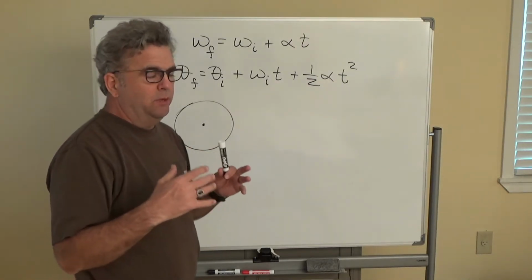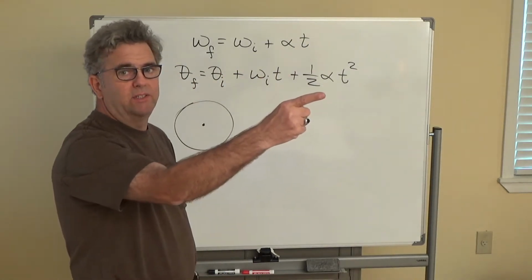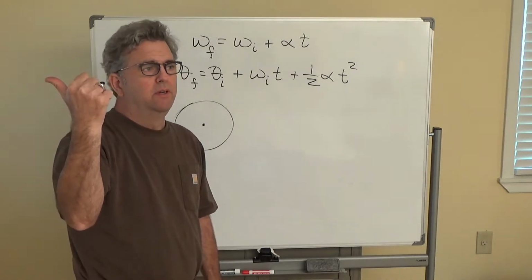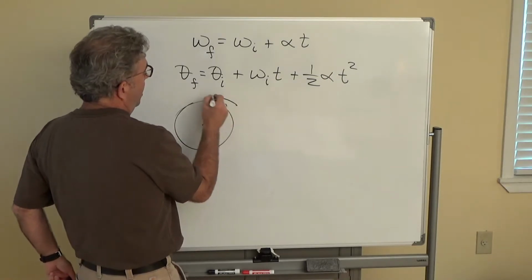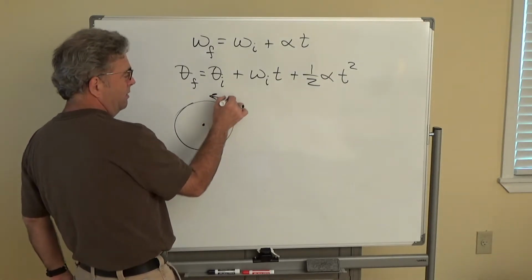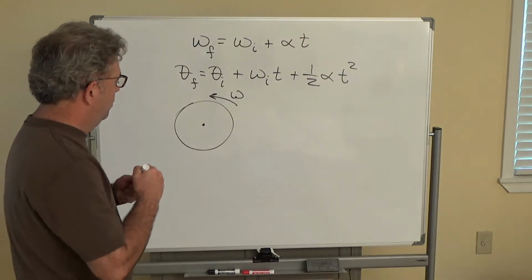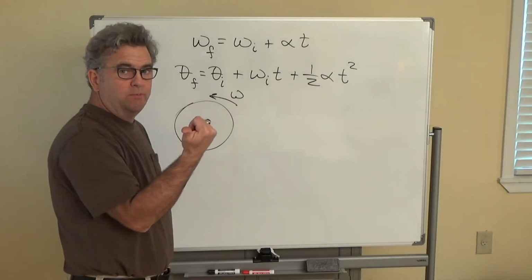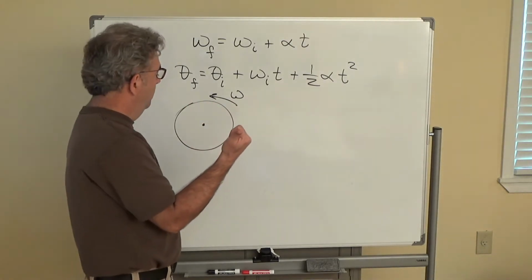It's not a typical vector in the sense like you think of, you know, delta x is in that direction or v is in that direction. If you have an object, let's say it's rotating this way with some angular velocity omega, you put your fingers in the direction of rotation and your thumb gives you the direction of the vector.